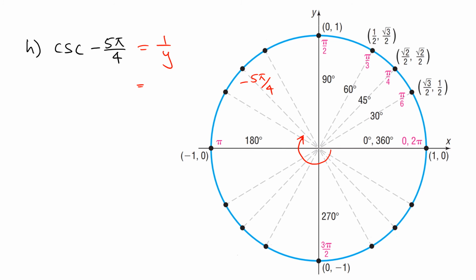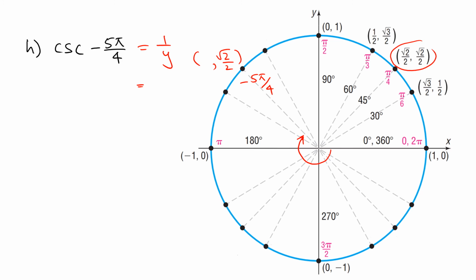Again, you can see there's a reflection of this point across the y-axis. It does not change the y coordinate, it only changes the x coordinate. So we only need the y coordinate, and I'm not going to write the x coordinate because we don't need it. The y coordinate is square root 2 over 2.